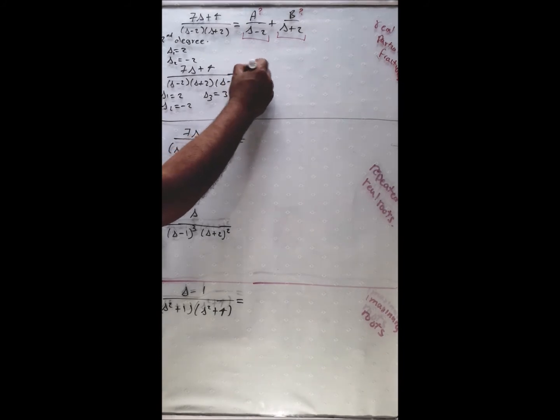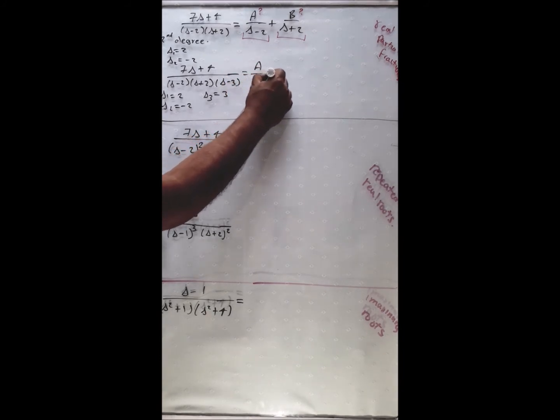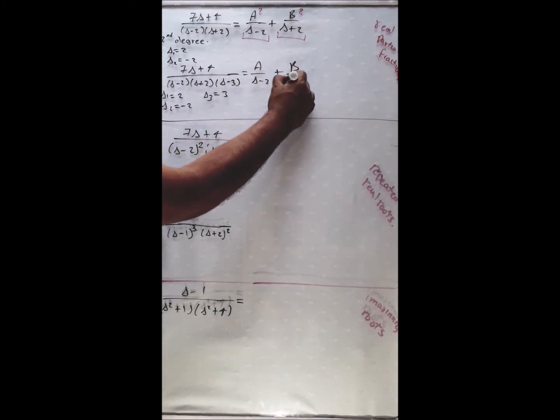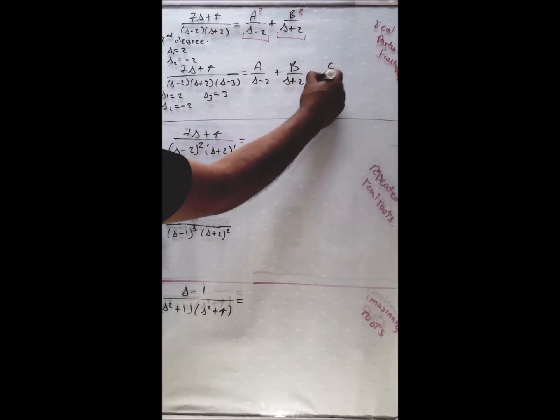All right. Because they are real roots, the partial fractions will be something like this: a over s minus 2 plus b over s plus 2 plus c over s minus 3. And that is the partial fractions, a, b, and c. Again, the question is, what will be the values of a, b, and c such that when you do the common denominator, you will get this fraction.